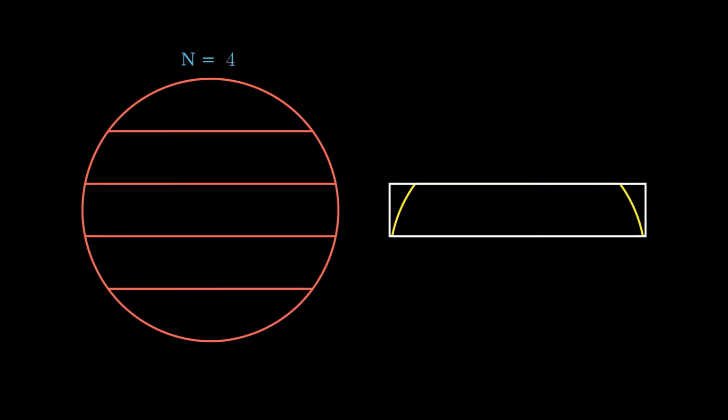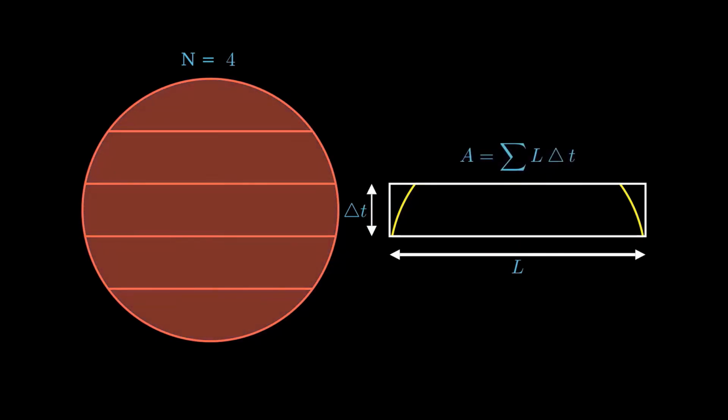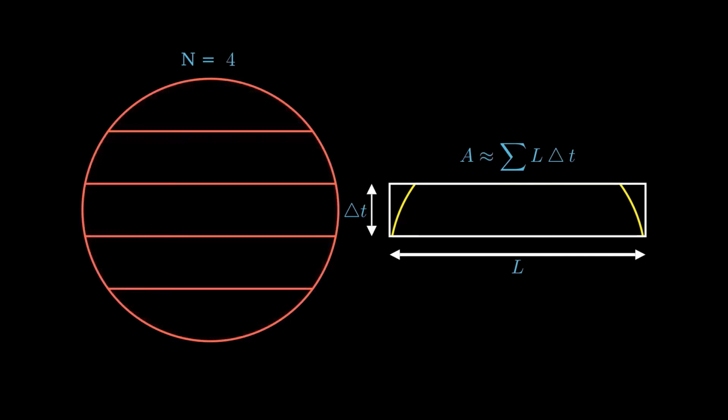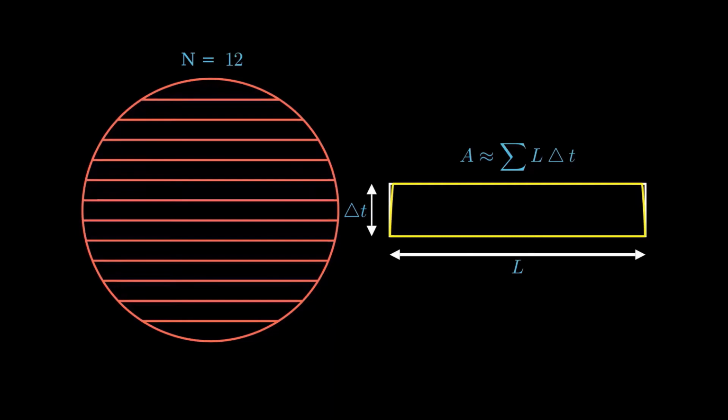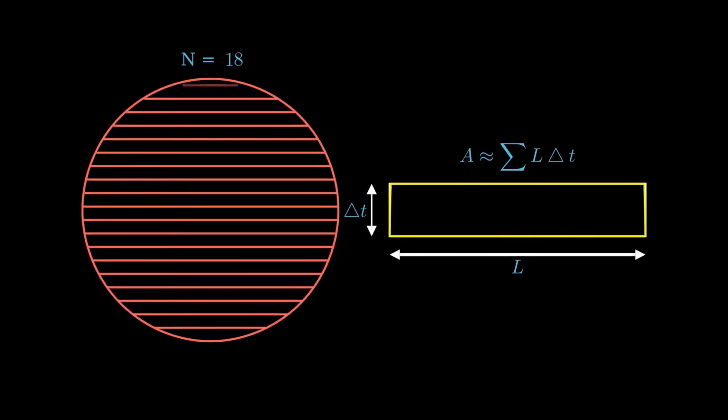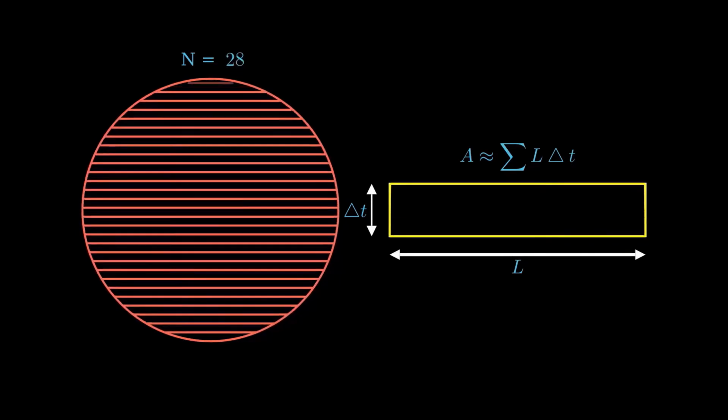The area of each rectangle, or as we like to call slice, equals the base length L multiplied by the thickness delta t. We can also say that the sum of the areas of these slices equals the area of the circle. Or actually, it approximates it since there is some error. But as you can see, by increasing the number of slices, the error becomes smaller, and so the sum better approximates the area of the circle.